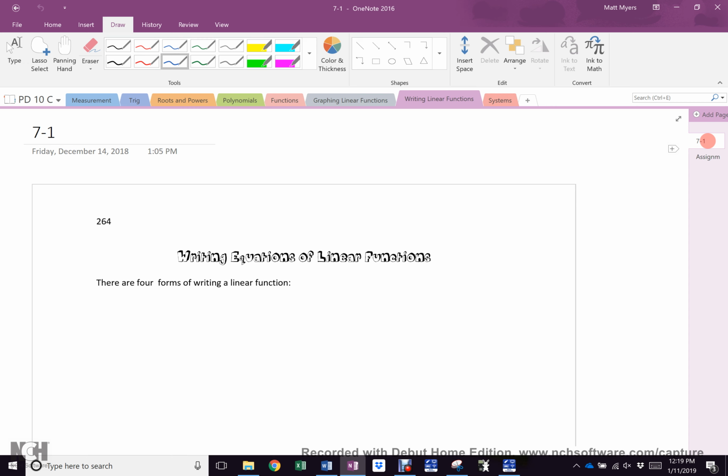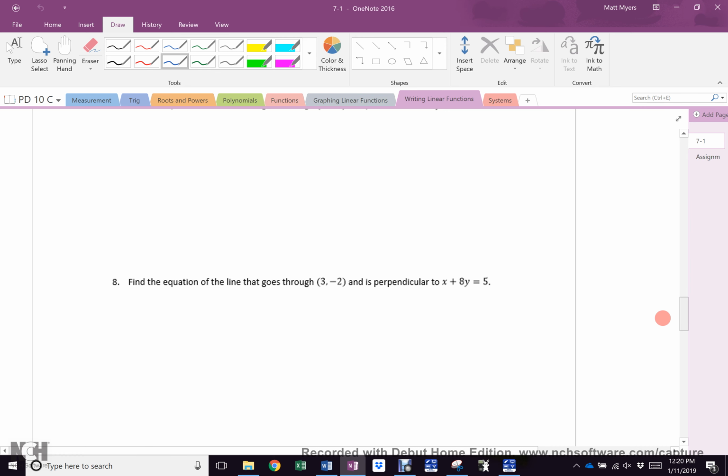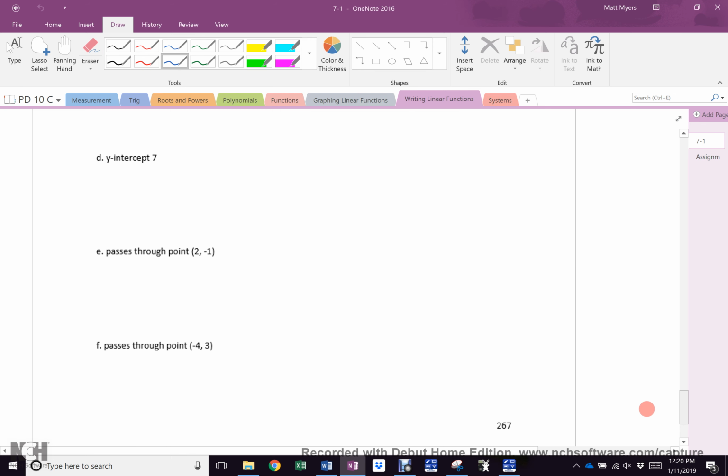On page 264, you notice that I specify that we are writing equations. This is all algebra. You won't be using graphs. All right? It will take us a couple of moments to get through these notes, and it will not take long, and then you will be moving along on your own.